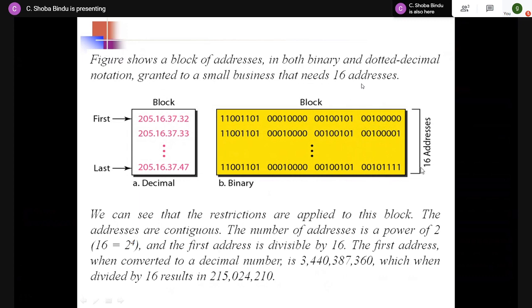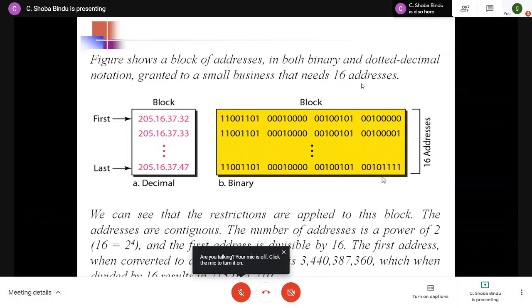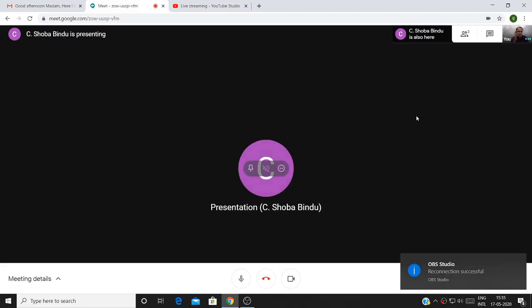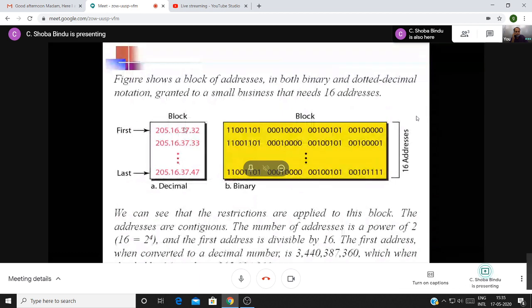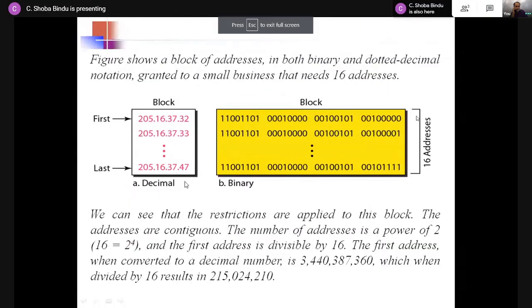You can find that out from how many addresses are being used here. This is represented as 2 to the power of 4. To represent one host here, you require 4 bits. So the least significant 4 bits will represent the host, and the remaining bits represent the network. That is how you are going to get the first address and the last address in the block.